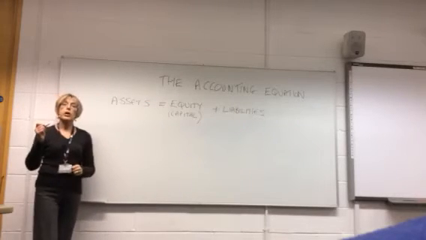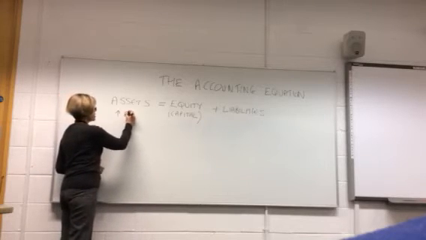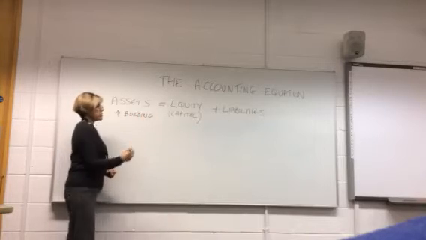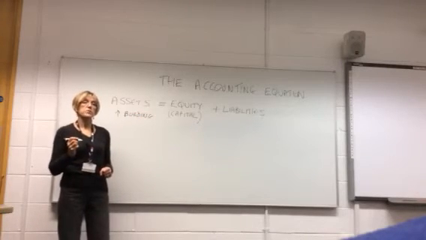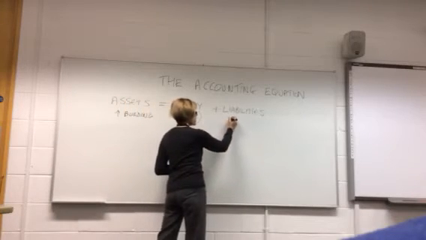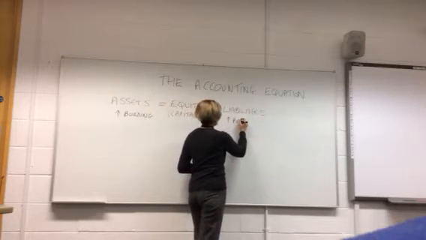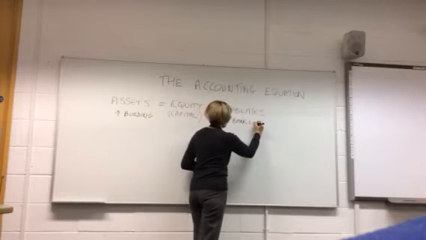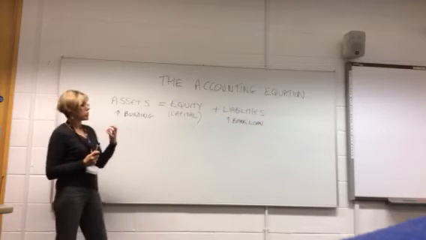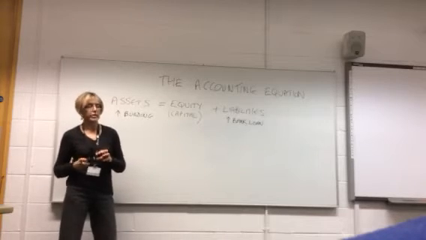So if we buy an asset, for example a building, our assets go up, and let's say we finance the purchase of that building with a bank loan, then also our liabilities have gone up by an equal amount. And this accounting equation underpins the production of financial statements and the double entry bookkeeping that we're going to do later on in the module.